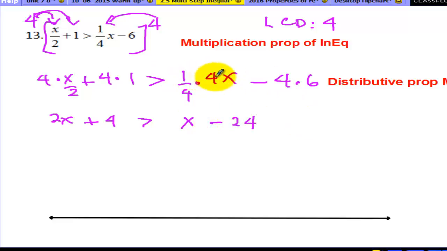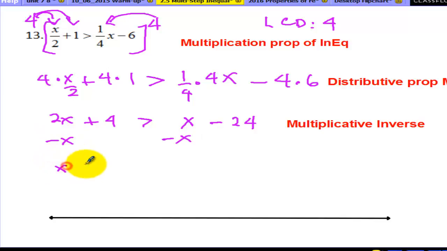So we were able to cancel the 4 and 4 here, so that should be a multiplicative inverse. Next, subtract x to both sides. We'll be able to get x plus 4 greater than -24. So this is your additive inverse, and this is your subtraction property.